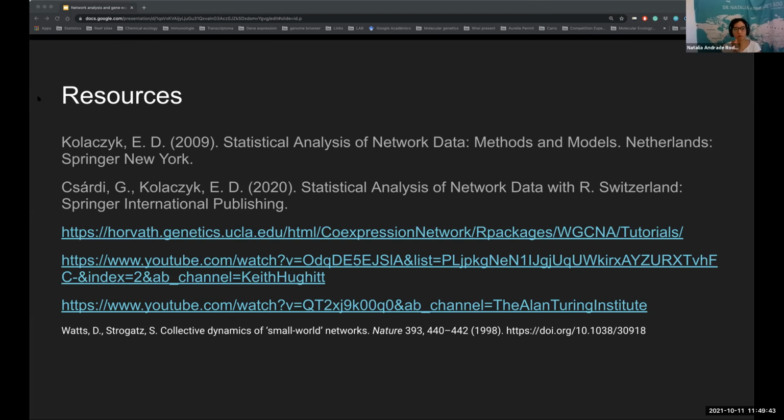So maybe this is something again: there are many uses of network analysis. You can merge different types of data, because it's just numbers, right? It's just a matrix with relatedness.